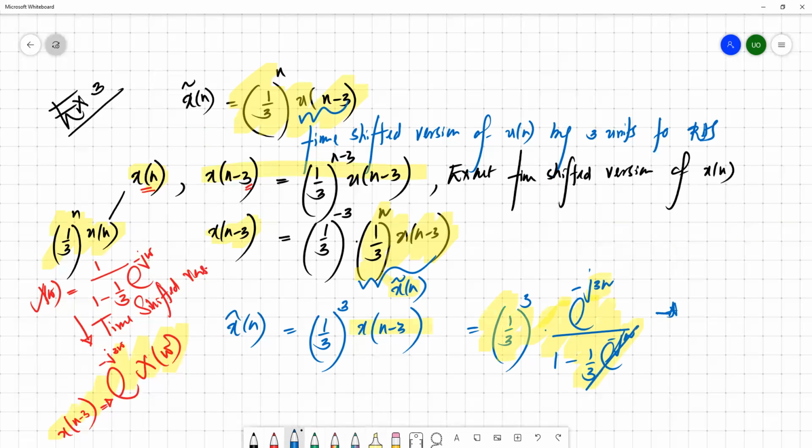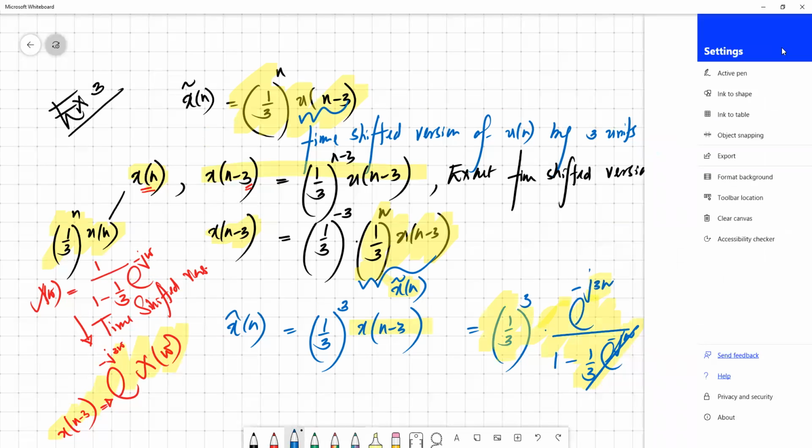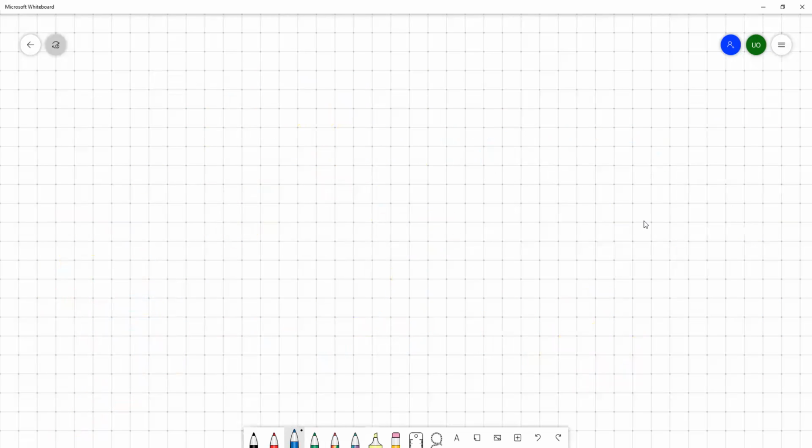Or else you can use these very fundamental equations to evaluate this. So let's see how we can do it. You have x[n], which equals (1/3)^n u[n-3].